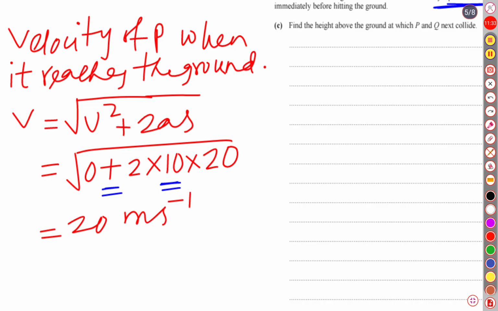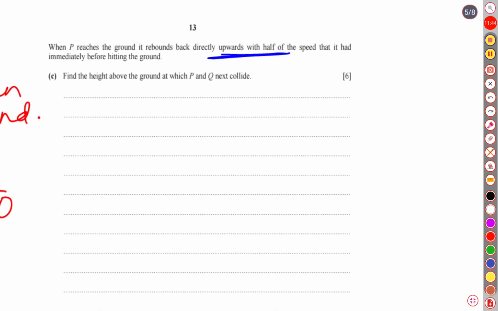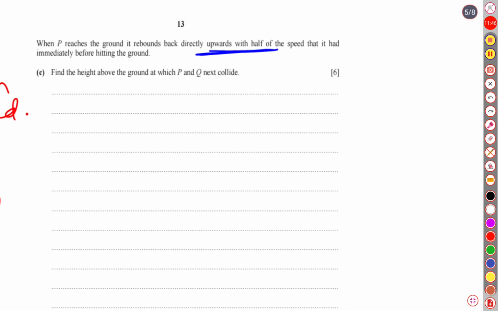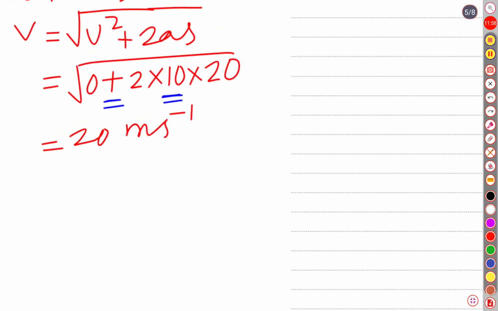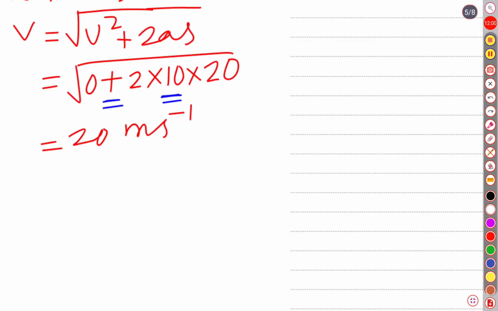Now let's go back to our question. This is the velocity of particle P when it reaches the ground. Then they have told us when it rebounds back directly upwards with half of the speed. The words are half of the speed. That means when it reaches the ground, it had 20 meter per second.